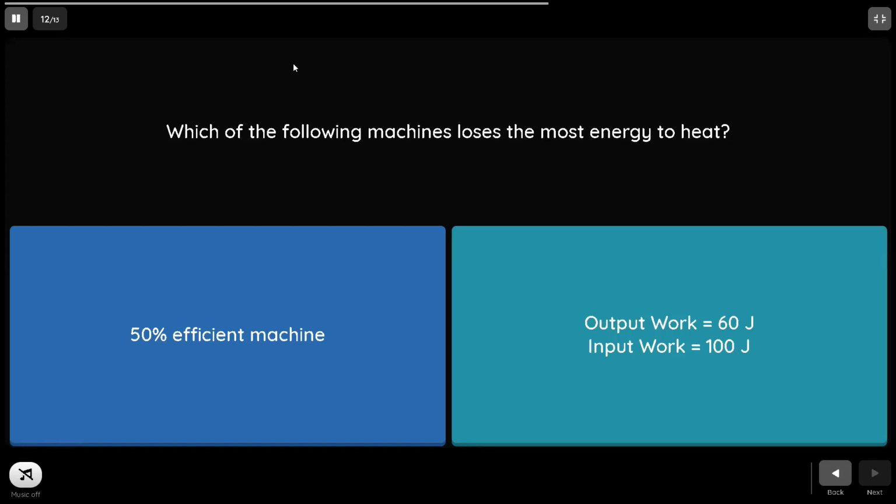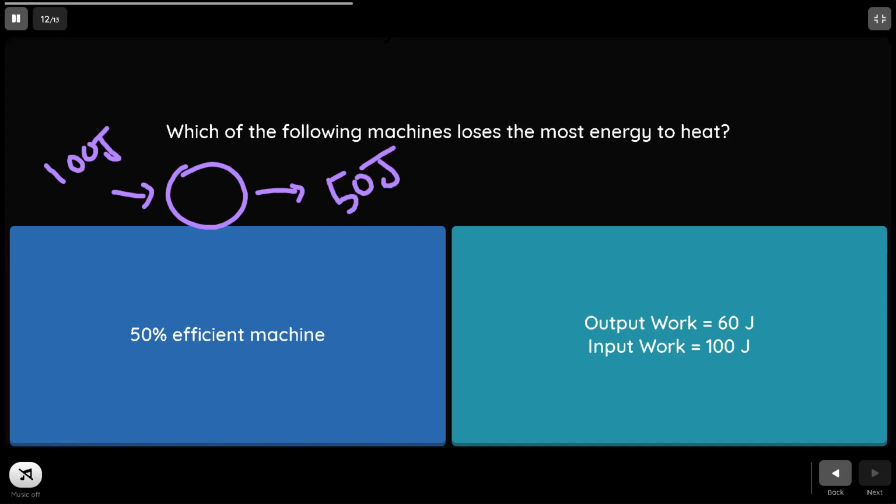It means if you put 100 joules into the system, the output will be 50 joules because its efficiency is 50%. In the second case, we have an input of 100 and the output is 60.